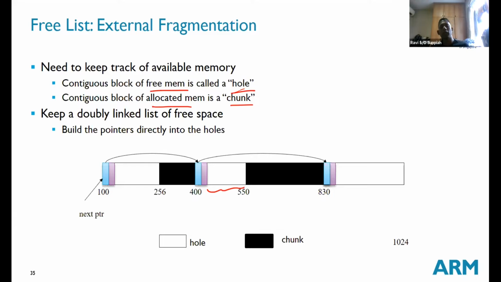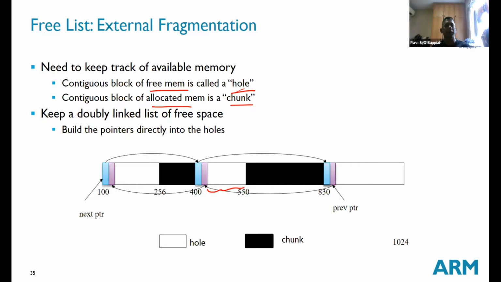Similarly, I will also keep track of the chunk, where the previous hole is starting from. So I will also keep track of the previous pointer. The reason we want the next and previous pointer is that we want to know exactly how to go backwards and forwards from where I am.